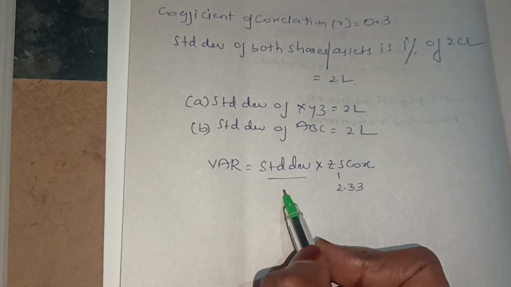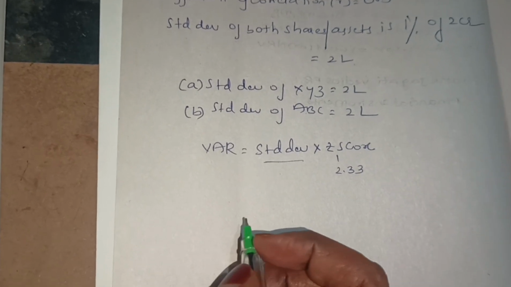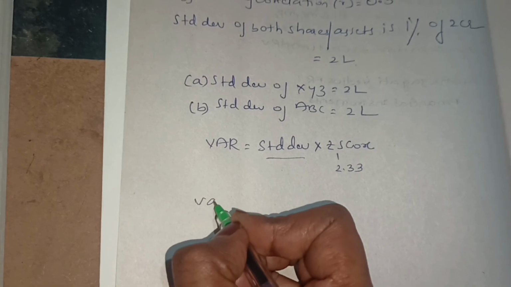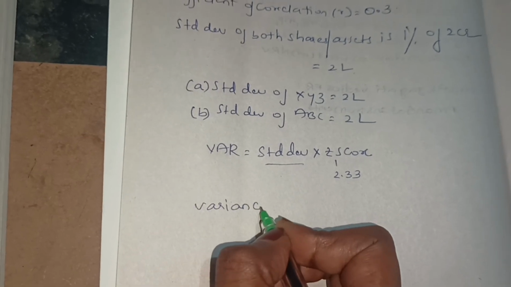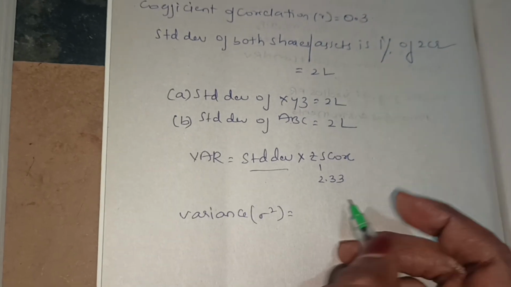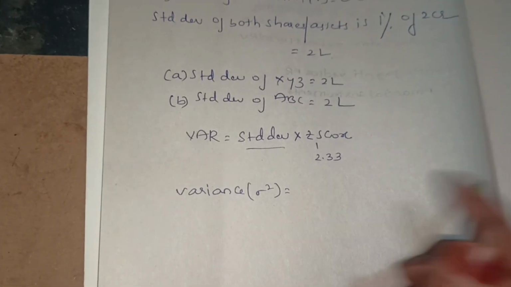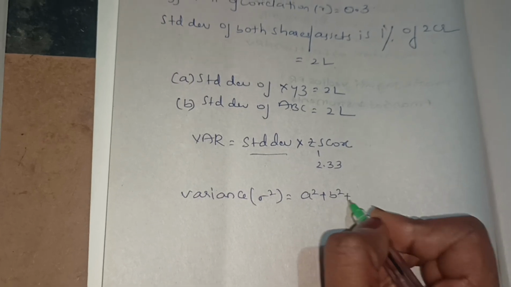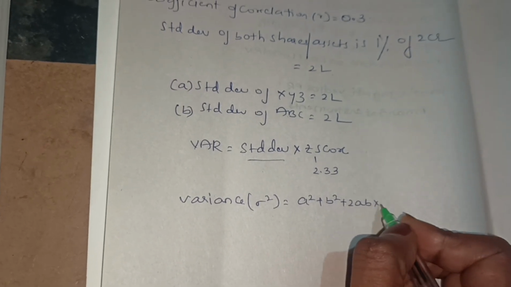Now we are expected to find the standard deviation. We can't find standard deviation directly, so first we will be finding out the variance. There is one formula to remember for variance: a square plus b square plus 2ab into r.